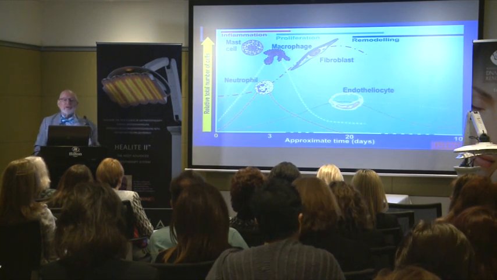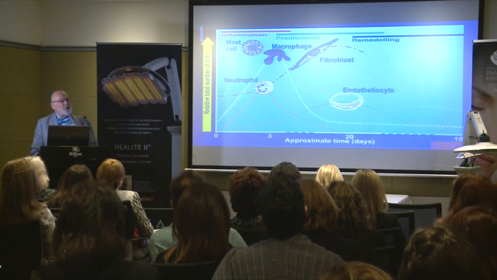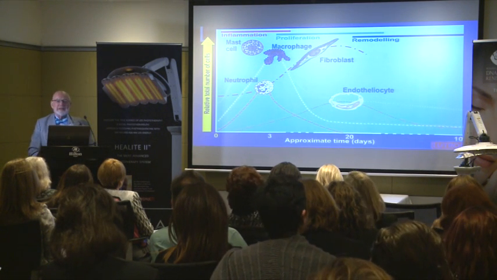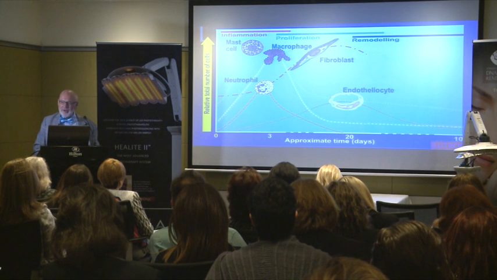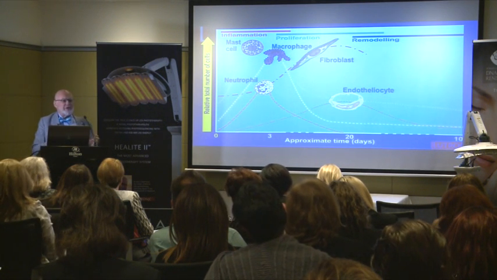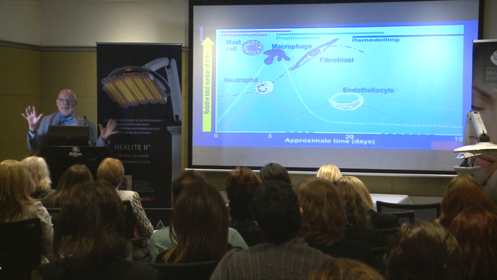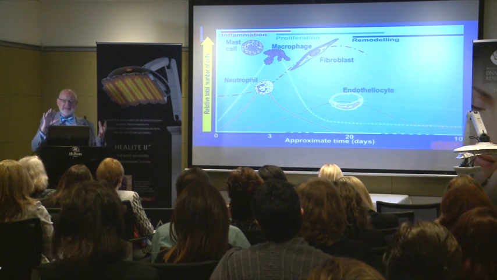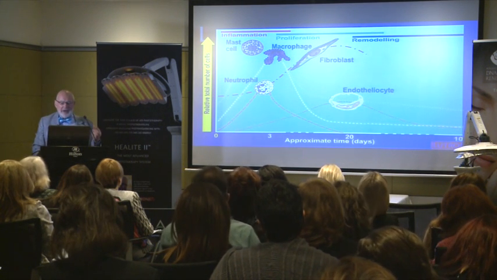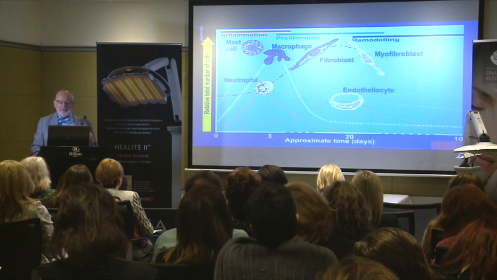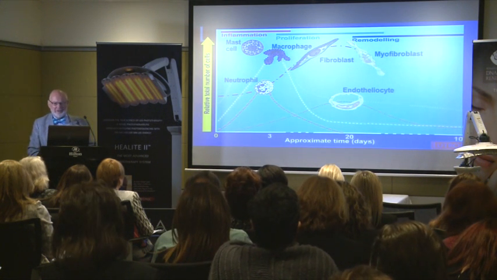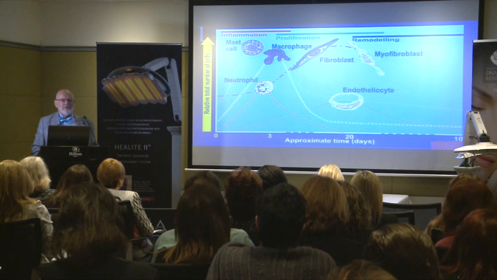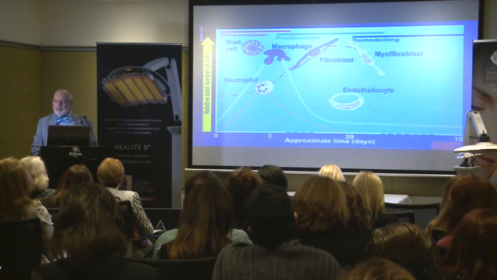And then we move into the longest phase of wound healing, which is called remodeling. And remodeling is extremely important because during this proliferation phase, lots of collagen is made, which is a bit higgledy-piggledy. And then we have this very important cell, which is called the myofibroblast. So myo means muscle, and this is a fibroblast with muscles.